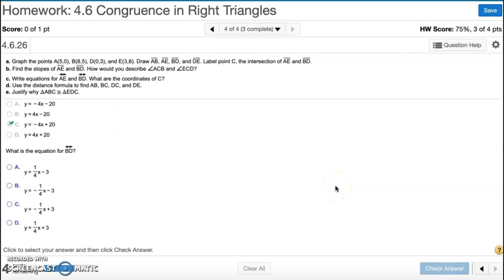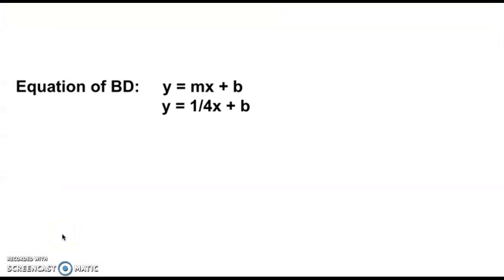Now it wants the equation for BD. So let's find it. I have a slope of 1/4 for BD, so substitute that in for m. And now I'm going to substitute the coordinate of D for x and y.